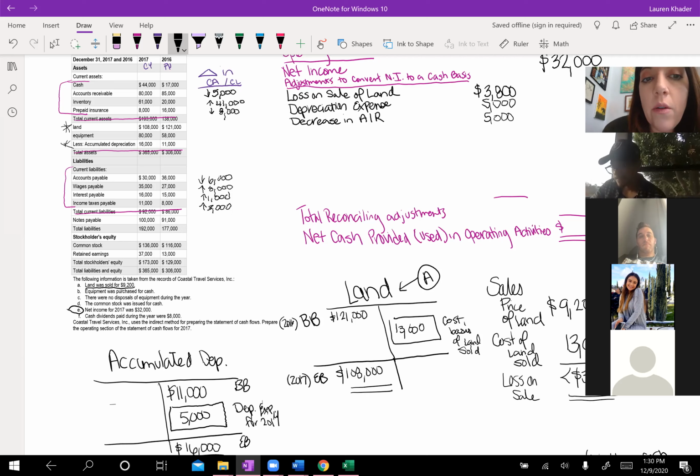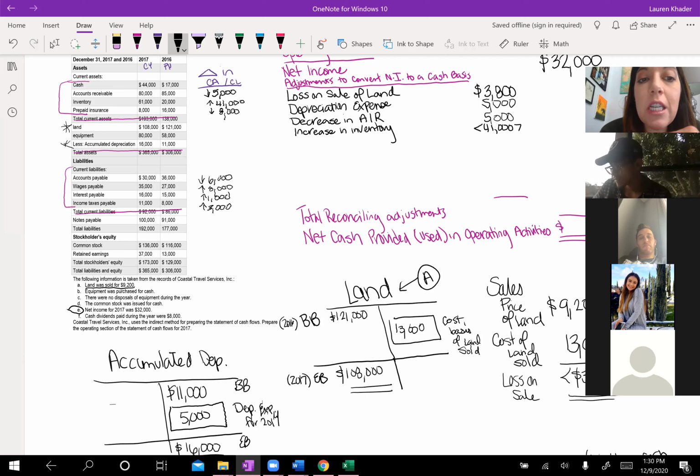For inventory, we have an increase in inventory of $41,000, and we're going to subtract for that 41,000. We expensed less than we actually spent on a cash basis, so we need to subtract for that increase.